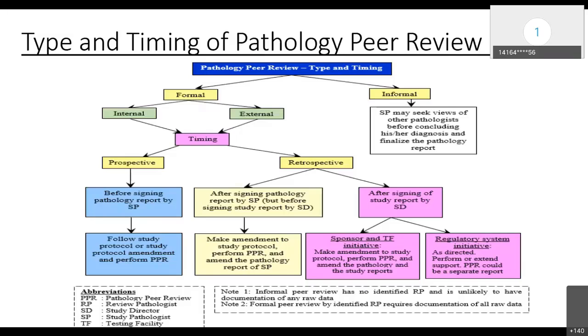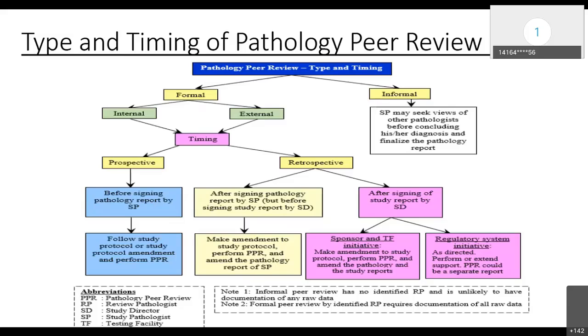The informal way is where the study pathologist seeks the view of other pathologists before concluding the diagnosis and finalizing the pathology report. For example, in an informal pathology peer review, if I'm a study pathologist and I have a doubt about any lesion or change, then I will seek the opinion of my senior pathologist or colleague pathologist.